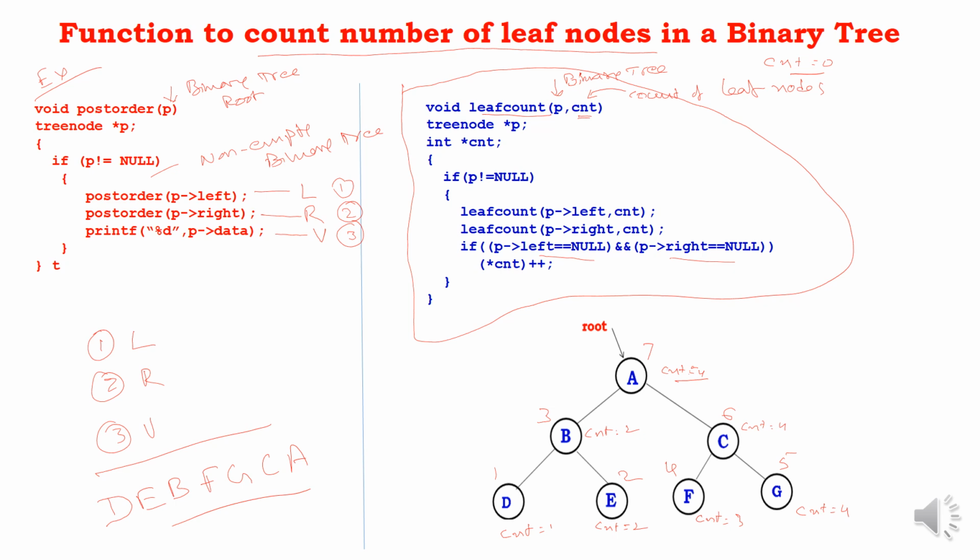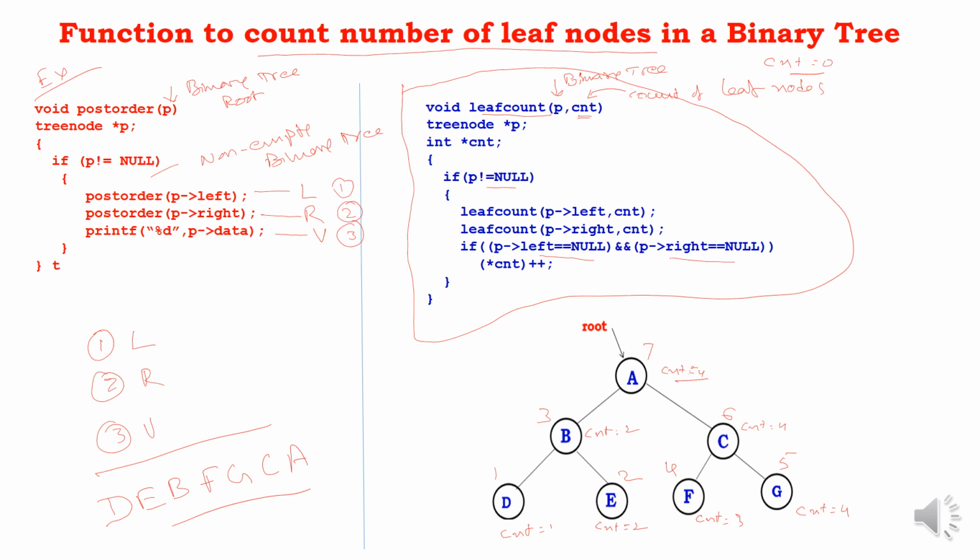Then if P is not null, as usual in post order there are 3 statements. Here also there are 3 statements. Instead of post order we are using leaf count P, the same P we are using. Additionally we are using a variable to count the number of leaf nodes.